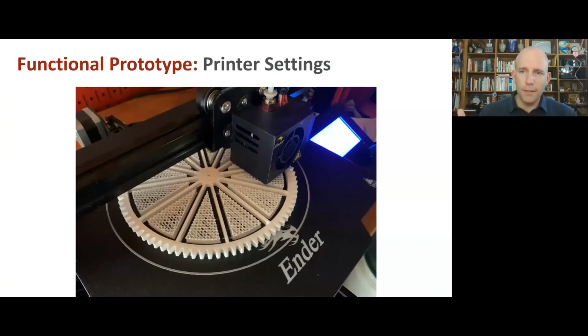Then we printed the full complexity design, and here's just an example of one of the components being set up. Of course, getting the slicing just right is important in getting your functional prototype to work well. Here we have a custom gear, and you can see it's full density on this outer edge.